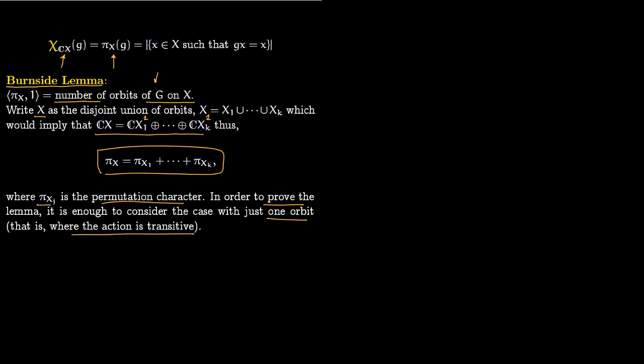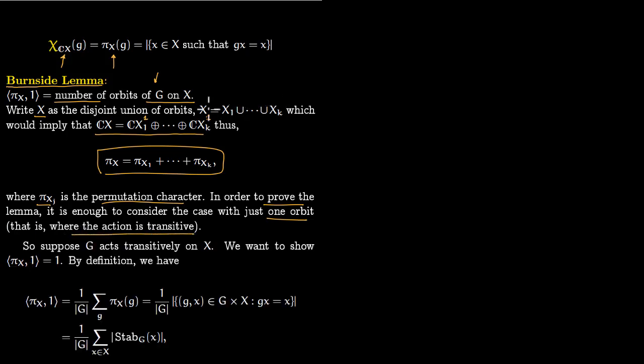So you take one of these and call it x, and take the inner product with the trivial character. This is again the trivial character. We should get 1, and then you add it over all of them and you get the number of orbits. So suppose g acts transitively on x, we want to show this is 1.